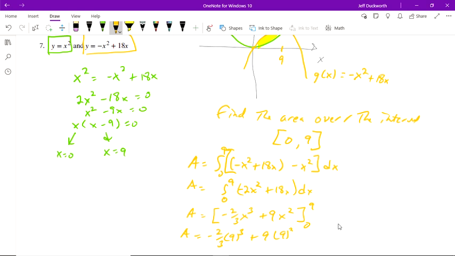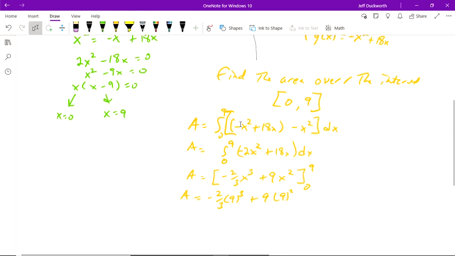So scroll down a little bit. All right, so 2/3, that's right. So 9 squared is 81. 9 cubed is 729.